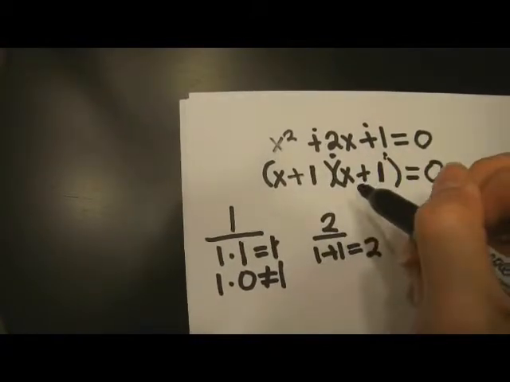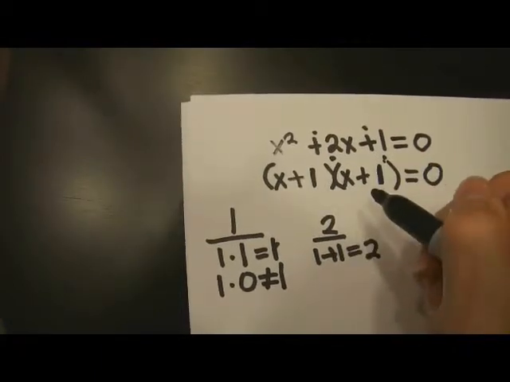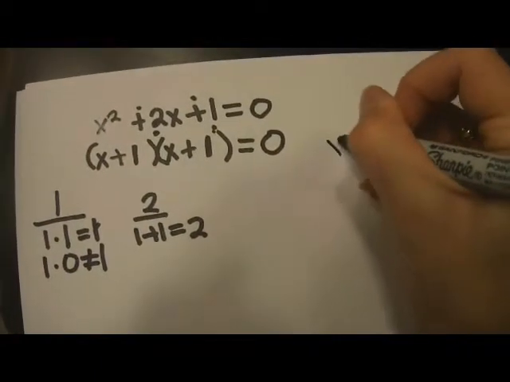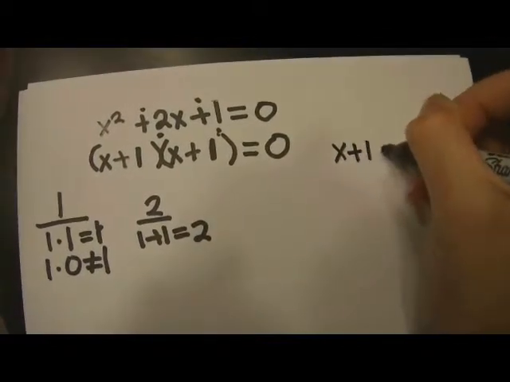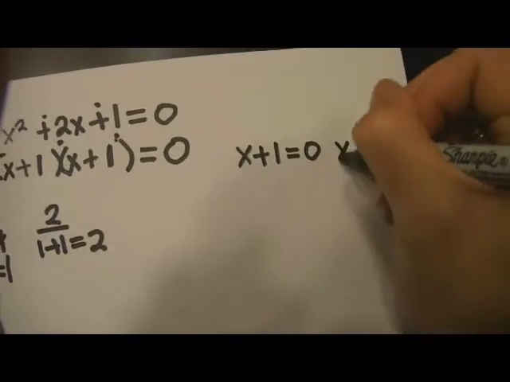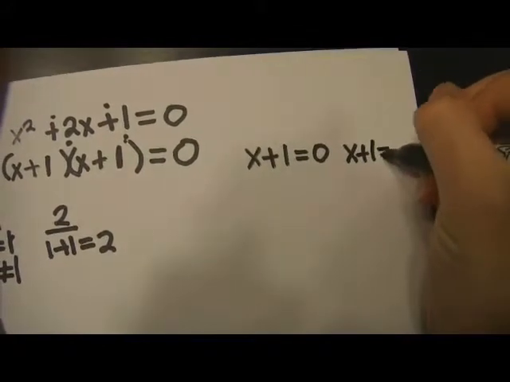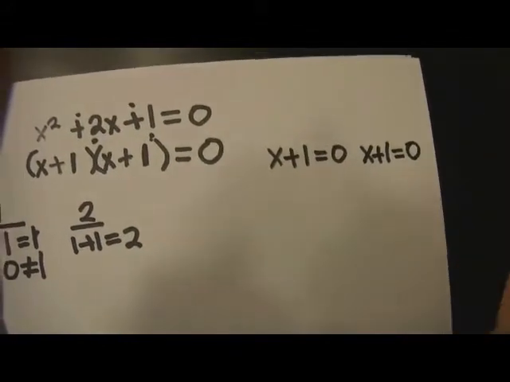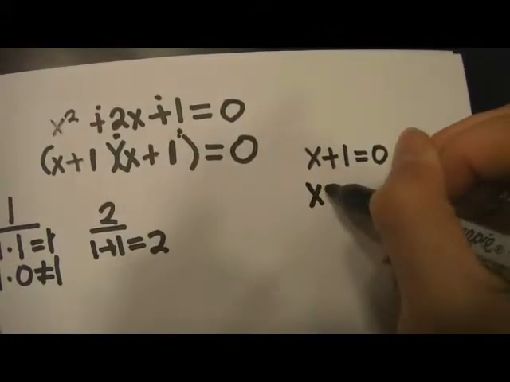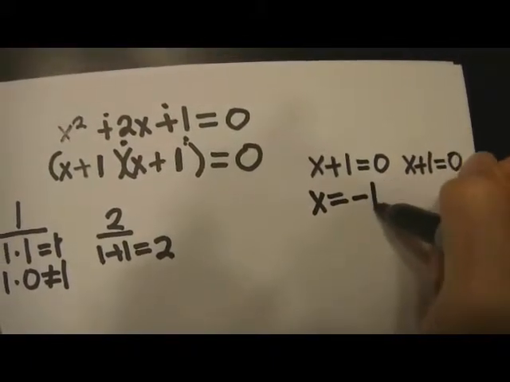Now what you want to do with these two is set each of them equal to 0. So if we go over here, it will be x plus 1 is equal to 0, and also another x plus 1 is equal to 0. Now, solve for x. x is equal to negative 1.